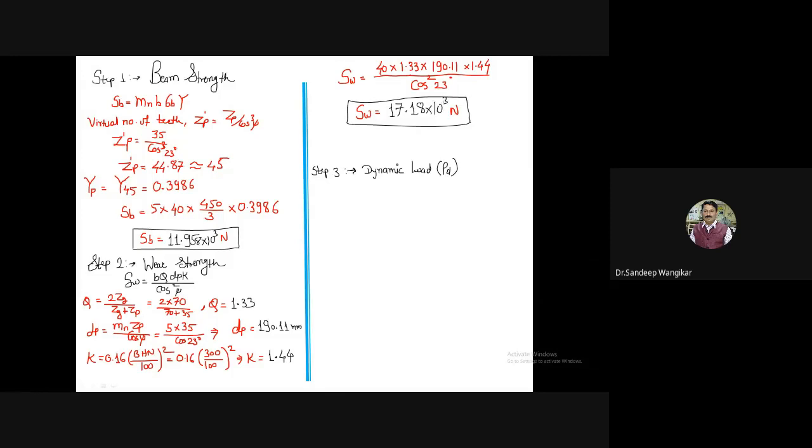Now, let us compare between this SW and SB. So 11.95 into 10 raised to 3 and 17.18 into 10 raised to 3.